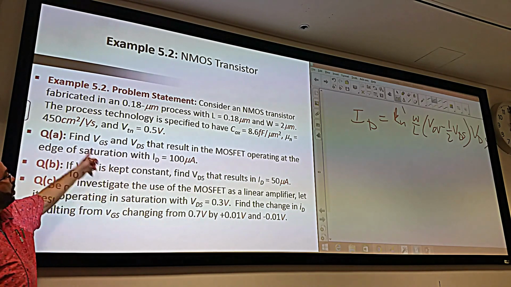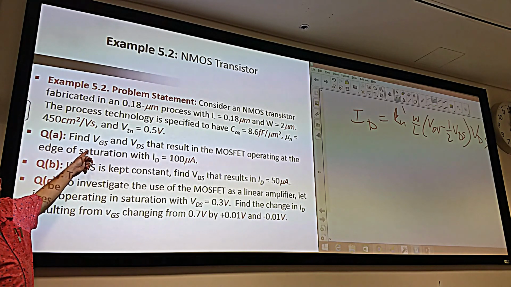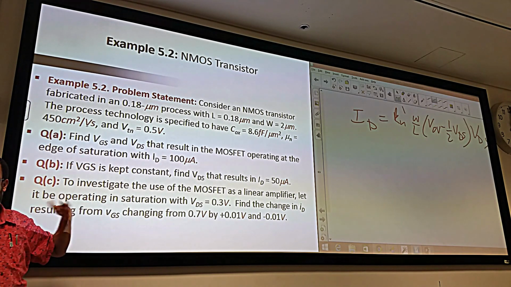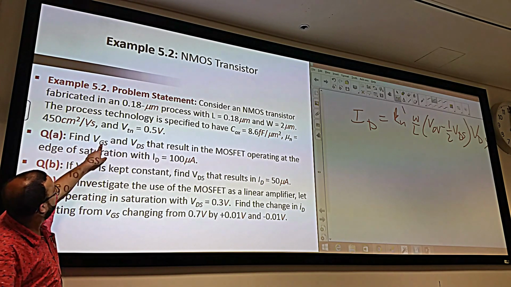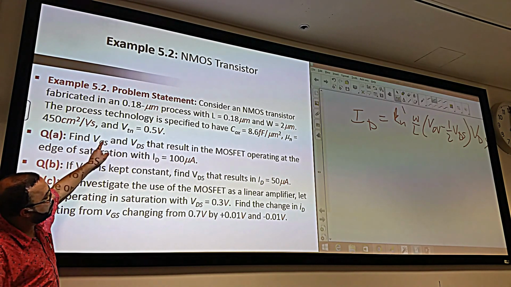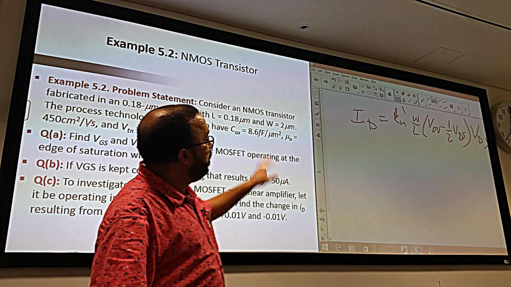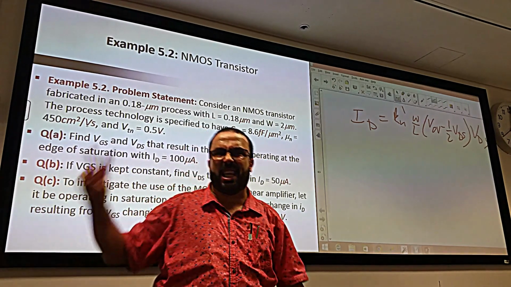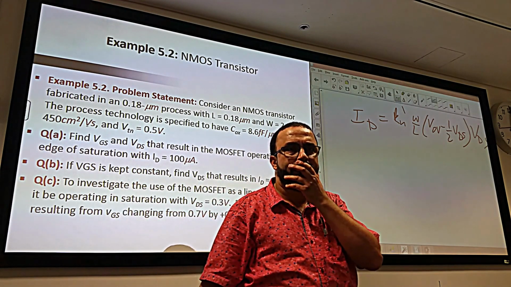That's why we said we're keeping the same VGS. That means we use the same overdrive. See how we read the question now? Once we have a VGS, we can get the overdrive. So bingo. Now we know everything except VDS, and that's a second order equation. Yes or no? How many solutions to that?